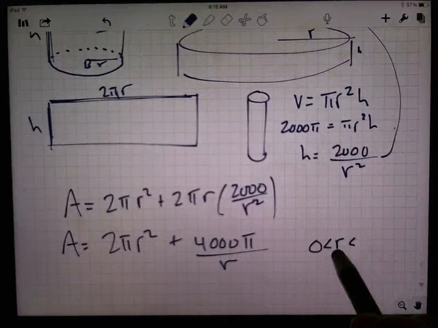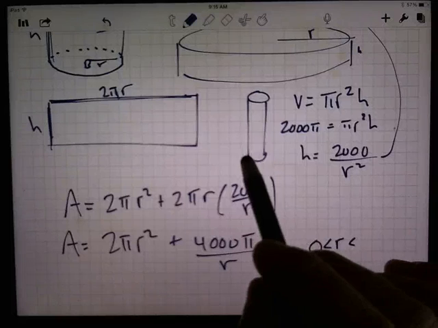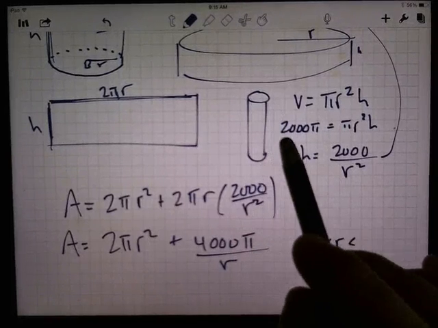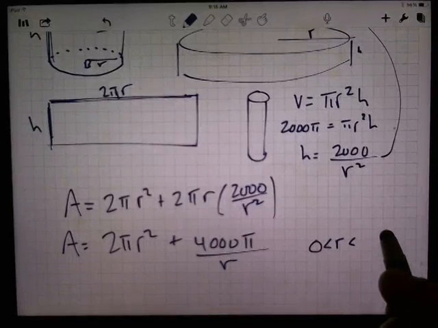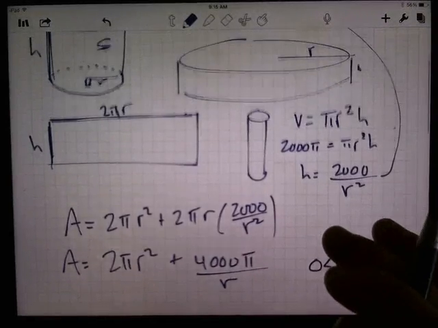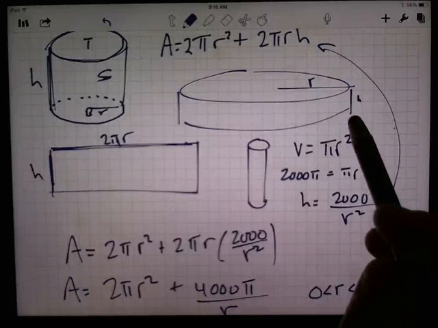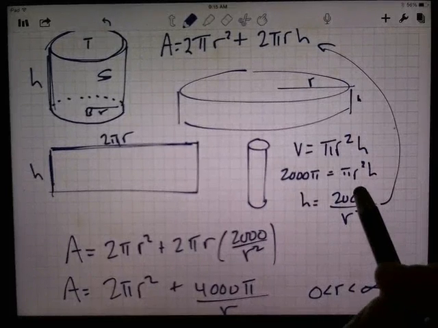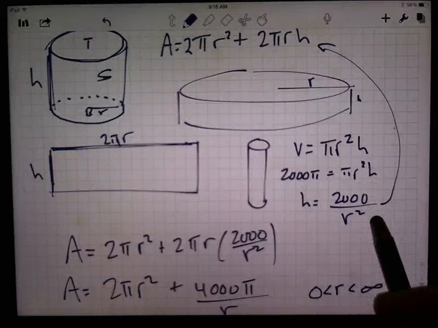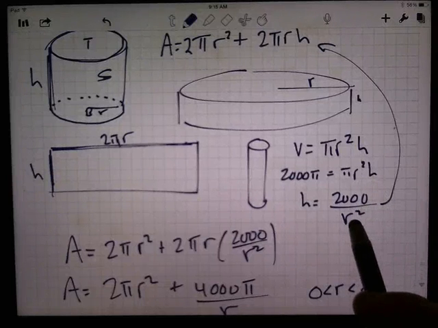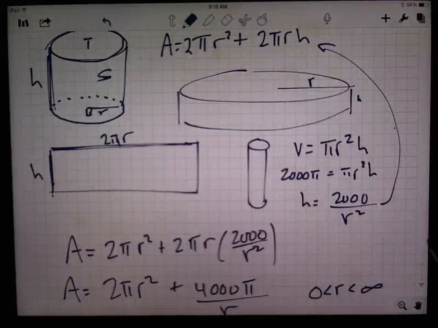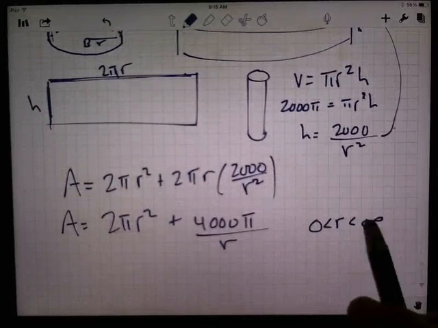It could be pretty small, though, and it would just mean that in order to get this much volume, this cylinder would have to be really, really tall. Also, r can be arbitrarily big. It just means that the height is going to be really, really small in order to keep the volume correct. So there's really no endpoints here.